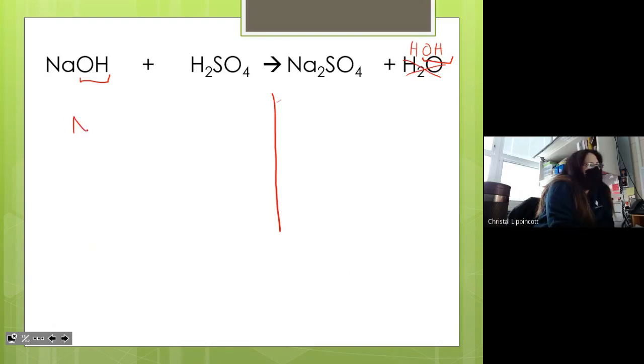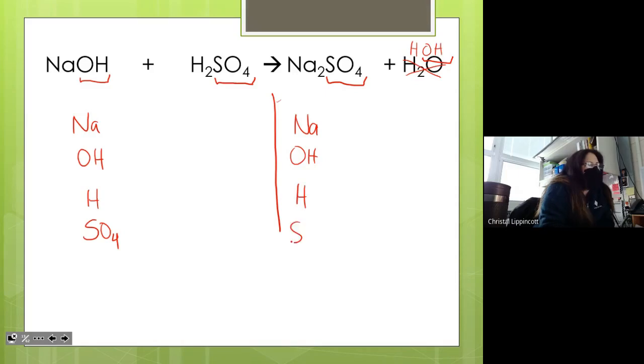So I've got my sodium, I've got my hydroxide, I have my hydrogen, and this is a polyatomic ion that's unchanged on both sides. I'm going to keep that together. Now this is scrambled around, but I'm going to write it in the same order over here because it's easier for my brain to keep track of everything if they're on the same line.